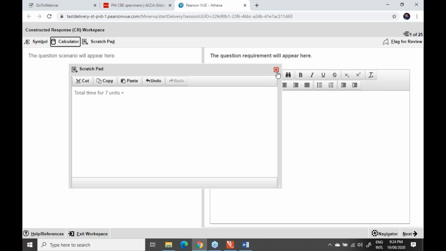This is a user friendly thing. See, how am I doing? I'm writing total time for 7 units. No need to write the complete sentence, because this is my rough e-paper. I just write total time, 7.